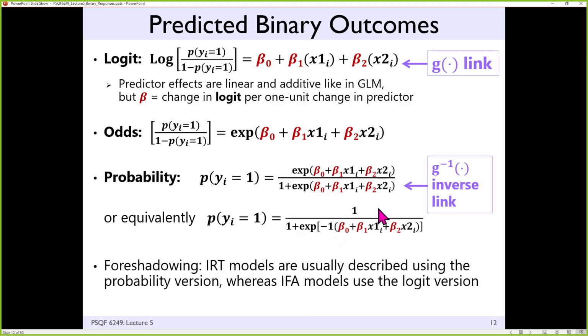That replaces the entire numerator. So when I type out formulas, I tend to write this one because it's shorter and less likely to be screwed up. So it's 1 over 1 plus e to the not logit, is the way I say that. But this is something that you probably should just commit to memory. To get from logits to probability, it's e to the prediction over 1 plus e to the prediction.